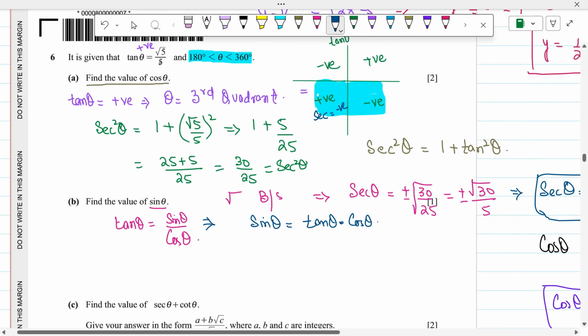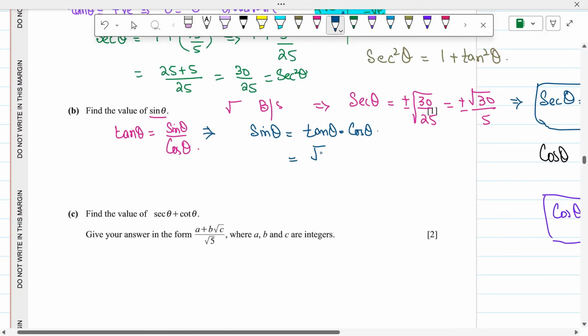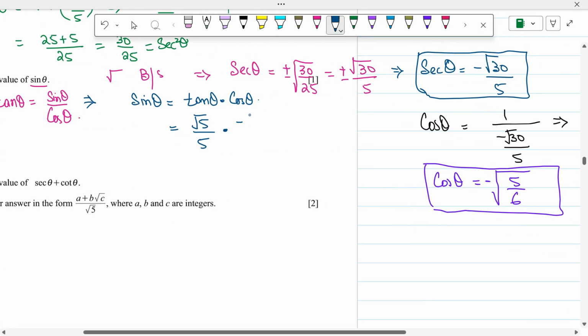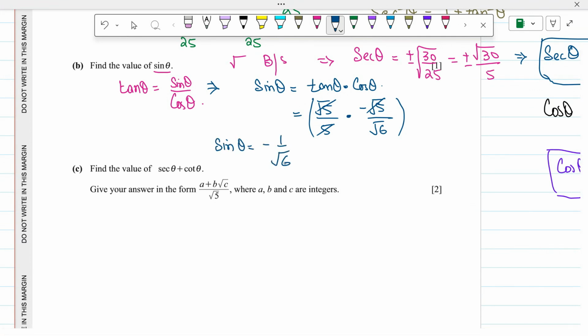Tangent of theta is given, which is root 5 over 5, times cos of theta we just calculated, which is negative root 5 over root 6. So this one will be cancelled out, and we will have sine of theta is equal to negative 1 over root 6.